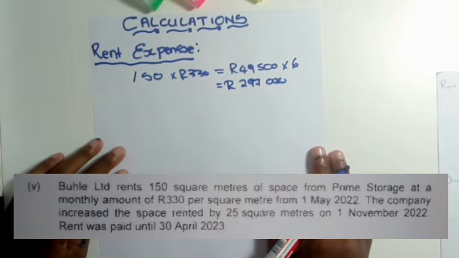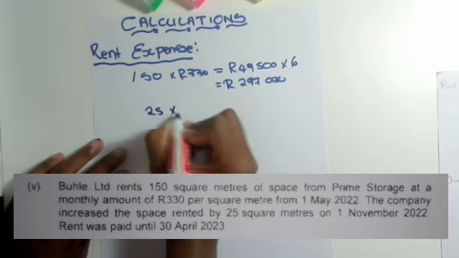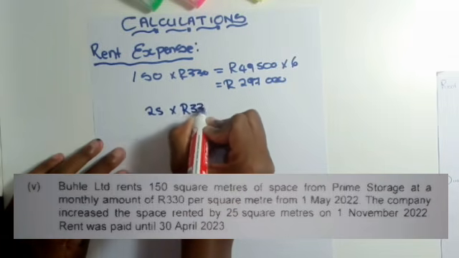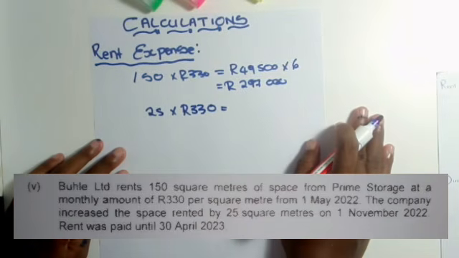Now for the rest of the year, I'm going to have to calculate it at an increased amount. Now they only told me that they increased it by 25 square meters, so I'm just going to calculate that 25 square meters using the amount, because the amount didn't change. We are still paying 330 per square meter.